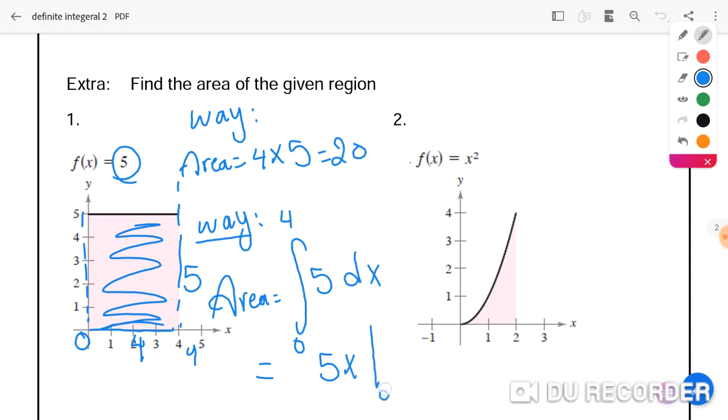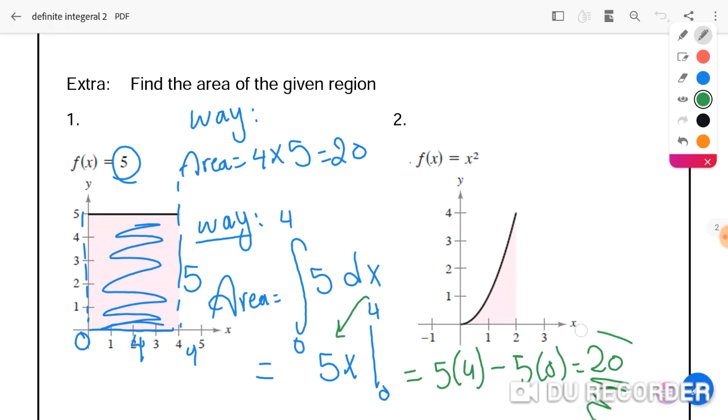Then from 0 to 4, replace by the upper limit, 5 multiply 4 minus 5 multiply 0, it will be 20. Here the answer is the same as in way 1. If you use any way, the answer must be the same.